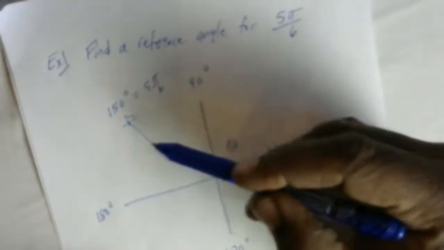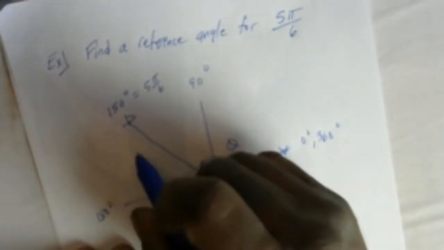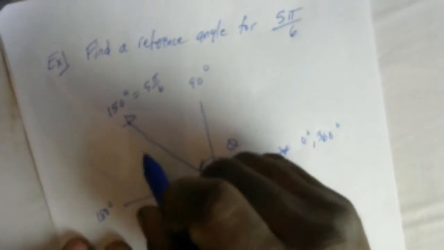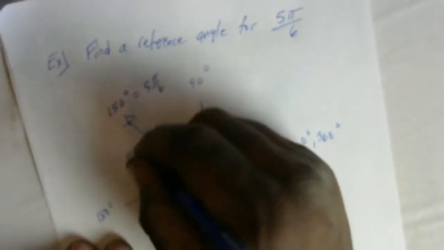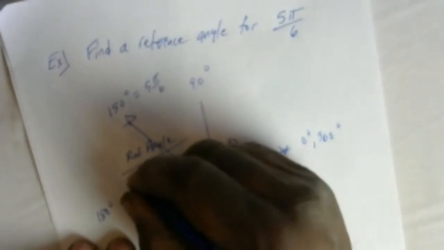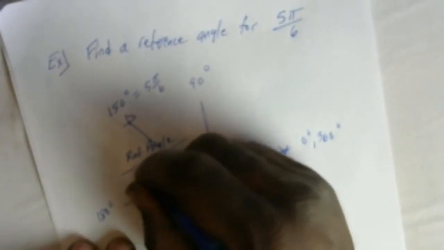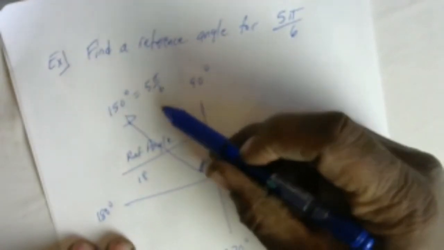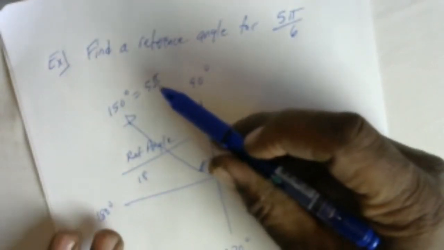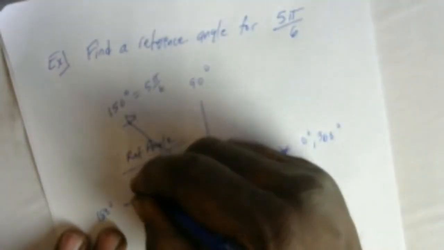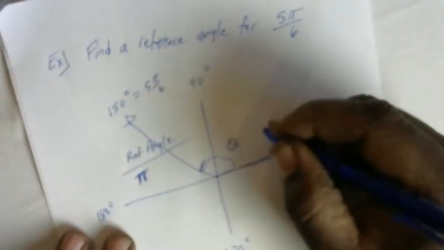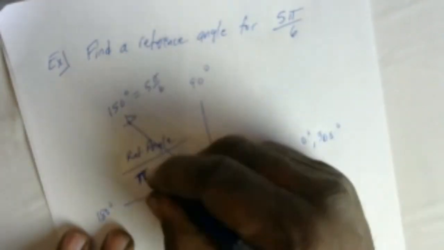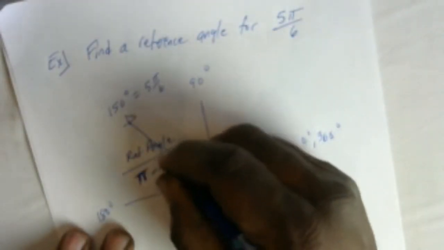From those formulas, if your angle is in the second quadrant, then the reference angle formula was 180 degrees minus theta. In this case, since I'm using radian measure, I'm going to use pi minus theta.